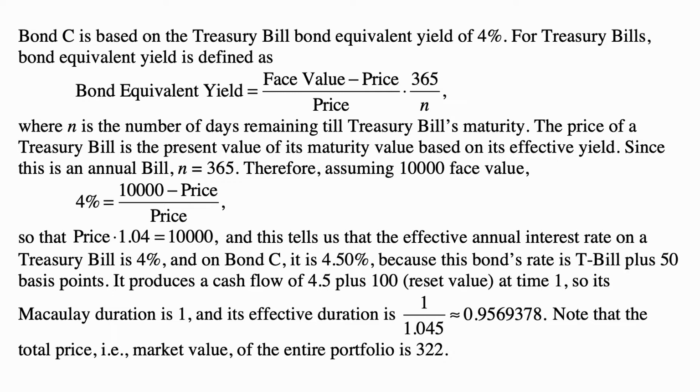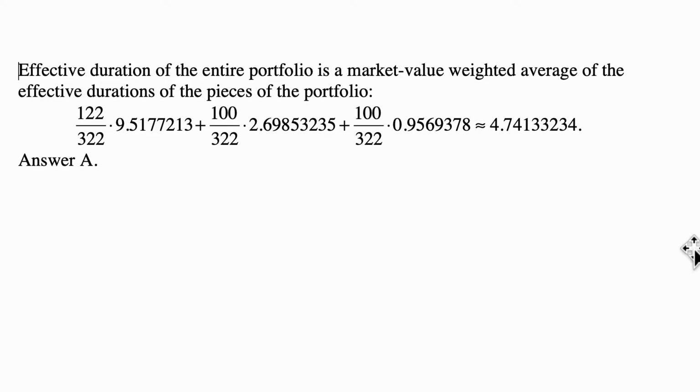Note that the total price, so the market value of the entire portfolio, by the way, is 322. We just get this by adding the values of the three. So the effective duration of the entire portfolio is a market value weighted average of the effective durations of the pieces of the portfolio.